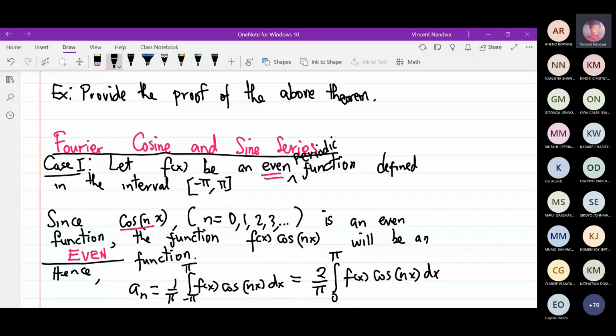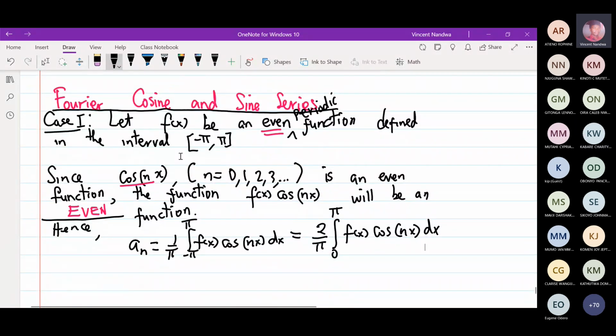I think that should make sense from our other discussion, when you integrate an even function from minus alpha to alpha. Is that true? Yes. Because we are going from minus alpha to alpha for an even function, you scale down your limit of integration from 0 to alpha, but then multiply by 2. So twice from 0 to pi of f of x cosine of nx dx.